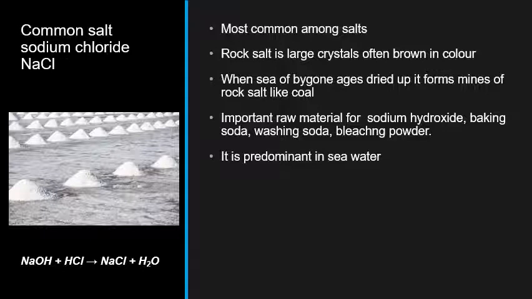The reactants, or the pre-material which is required to make that material, we call this a raw material. The sodium chloride is the main raw material in preparation of all this sodium hydroxide, baking soda, washing soda, and bleaching powder. We will learn one by one.